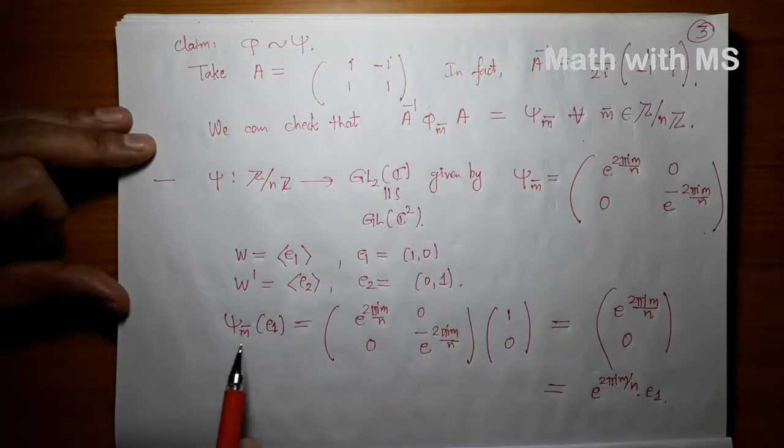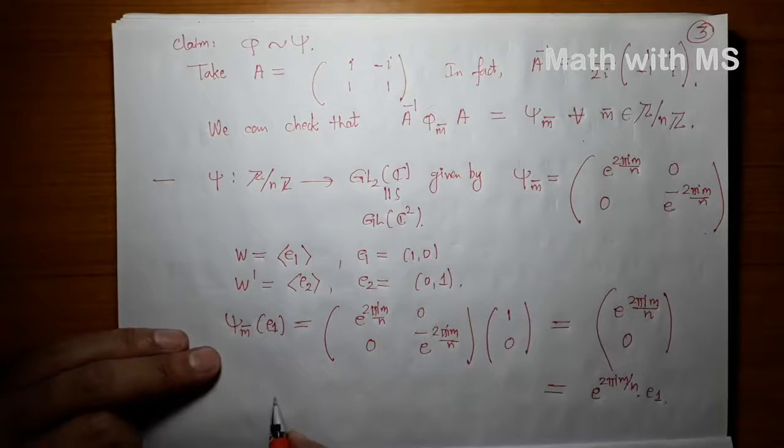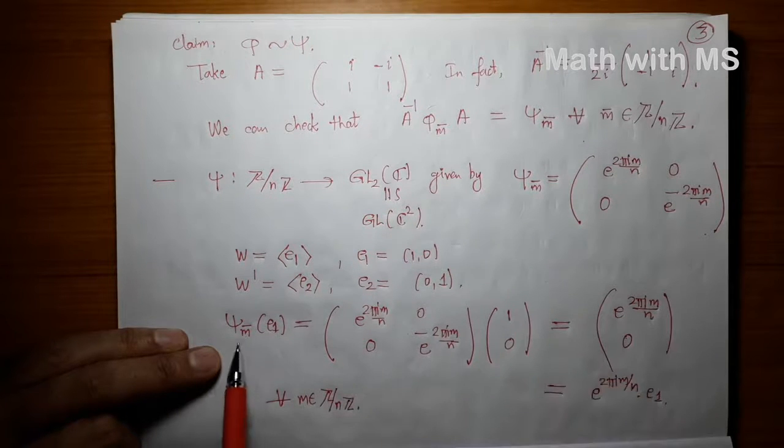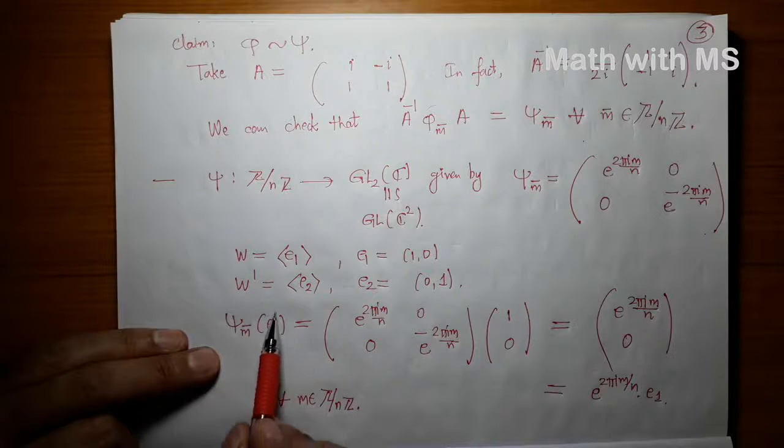This is happening for all m belonging to Z mod nZ. So for each group element, this linear transformation psi of m bar maps the subspace spanned by E1 into itself, and the same happens for E2.